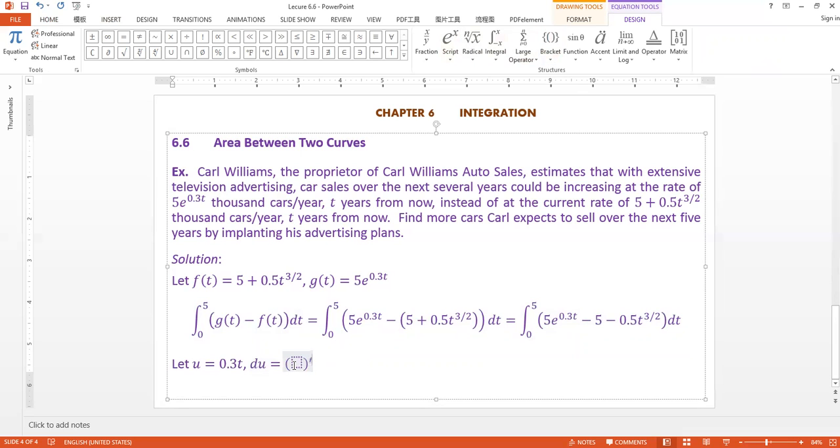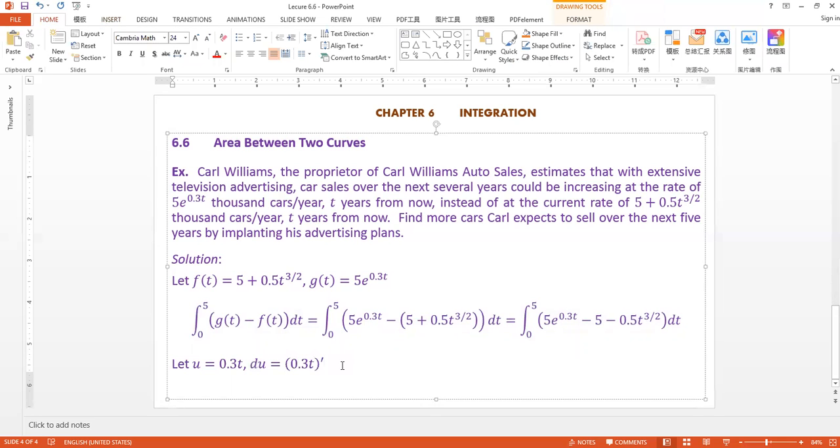Remember the independent variable is t instead of x.